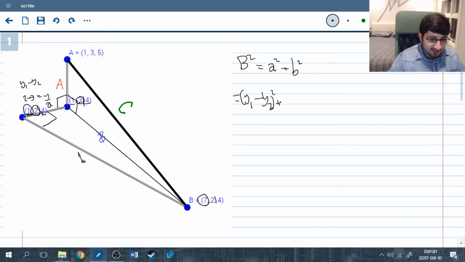So we can say that x1 minus x2 is equal to 1 minus 7, which is equal to minus 6. Again, I know a negative number, but the actual length of the side is positive 6. And plus, we're going to be squaring this, so the negative sign will disappear. So then we have x1 minus x2 squared.